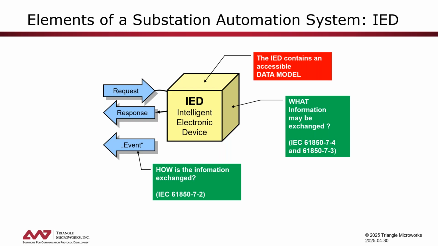We also discuss how we exchange information. The way information is exchanged, we find in the part 7.2. Today, as mentioned, the focus will be on the part 7.4 and 7.3, where we basically define the data model.